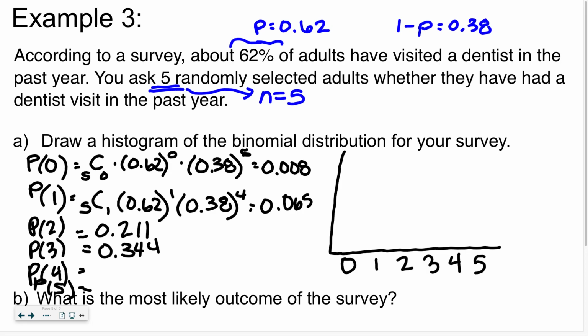And Mo got 0.28 for 4. Lauren got 0.092 for 5.